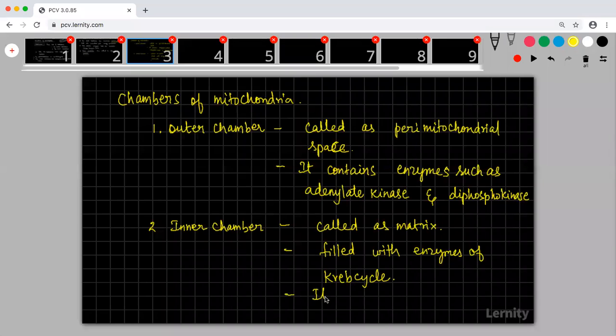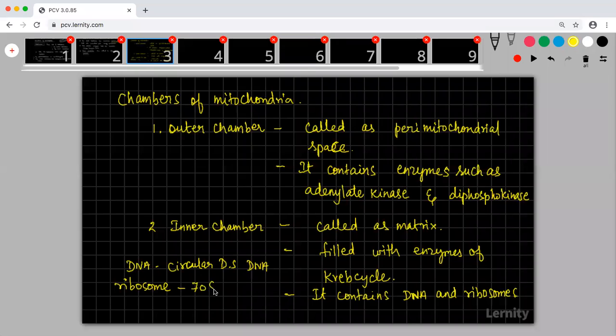It contains DNA and ribosomes. DNA is circular, ribosome is 70S like prokaryotes.